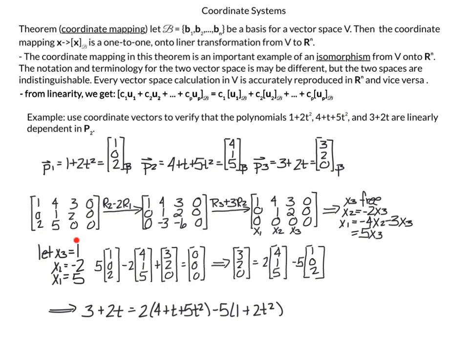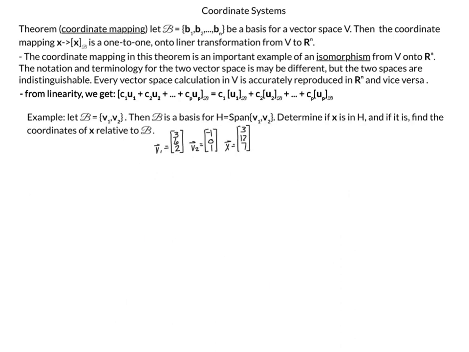I could have used algebra here, but what I did is I transformed this question into vectors, and then I used my techniques from linear algebra to solve for the linear combination.